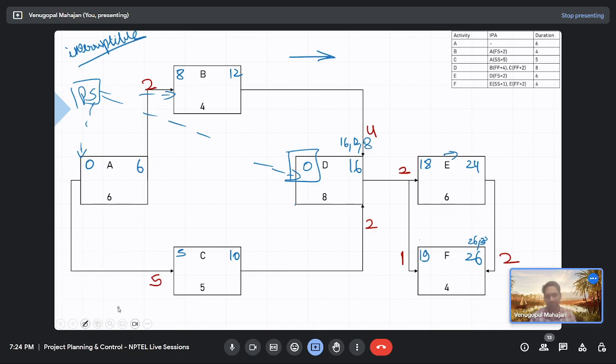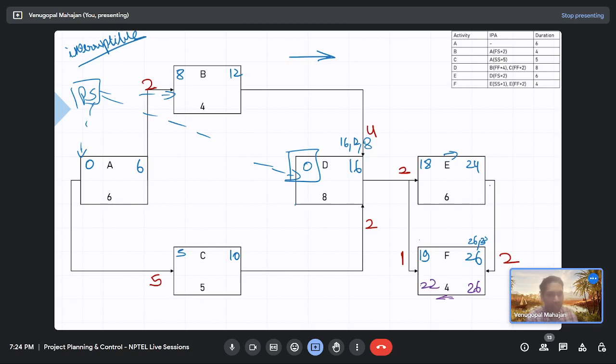Now let's try to do the backward pass. 26. 26 minus 4, 22. No other tail here, so 22. What about activity E?